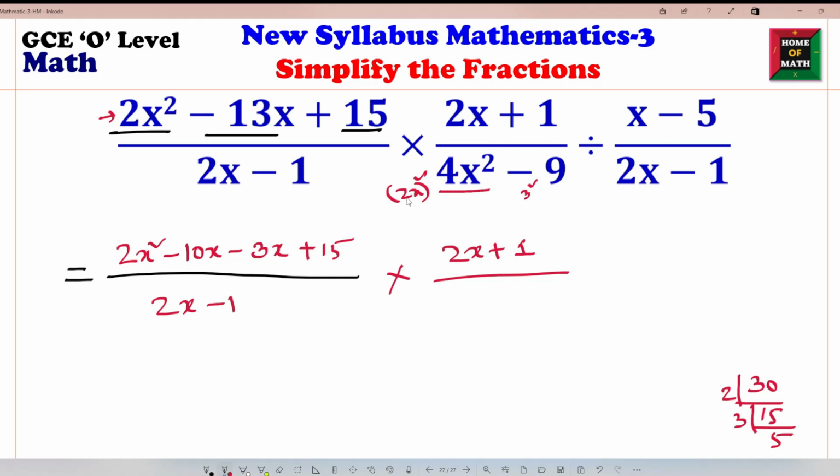So it's like a² − b². So we can write (2x + 3) times (2x − 3), and this divide we can change to product. So numerator and denominator exchange. So (2x − 1) divided by (x − 5).